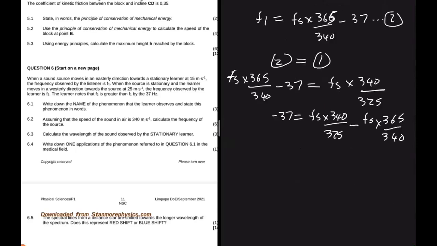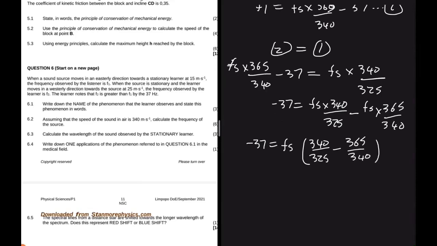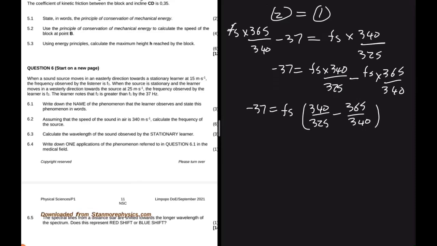So if we take Fs as the common factor on the right hand side, we're going to get minus 37 equals Fs multiplied by 340 divided by 325 minus 365 divided by 340. And then from here we can divide both sides by this expression, right?